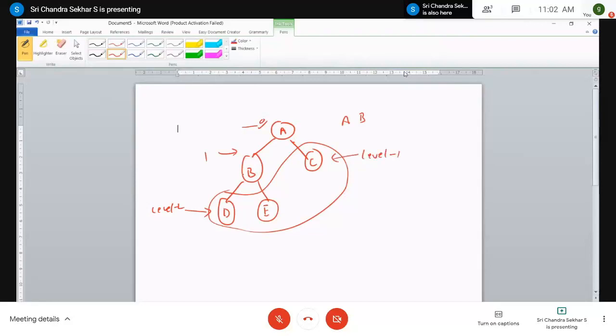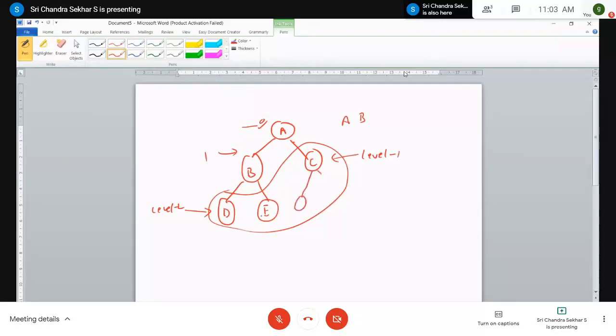But a proper binary tree, in addition to the full binary tree, should satisfy the constraint that all the leaves should end at the same level. So this is not a proper binary tree. In order to make it a proper binary tree, what do you have to do? You have to add 2 more children. You cannot add 1 child.